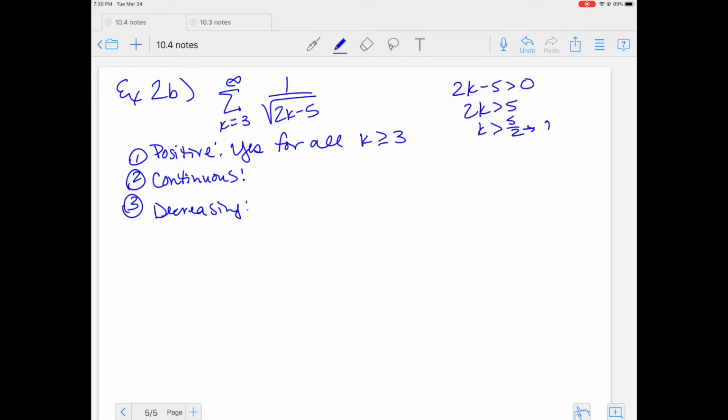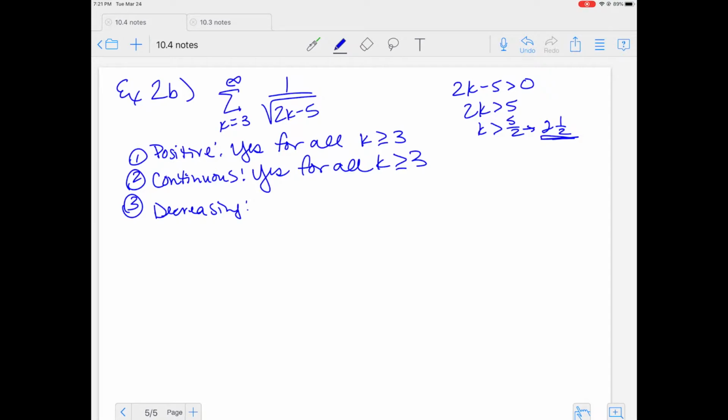Now, what do you know about this? Is that in my criteria? No, 2.5 is smaller than my criteria, so yes. This is continuous for all k greater than or equal to 3, because 2.5 is smaller. That's where my first opportunity to get that 0, right? So beyond that, we have continuity.